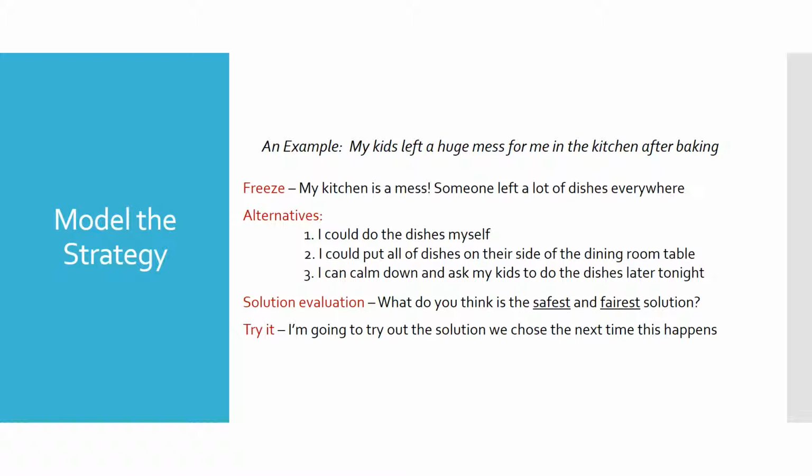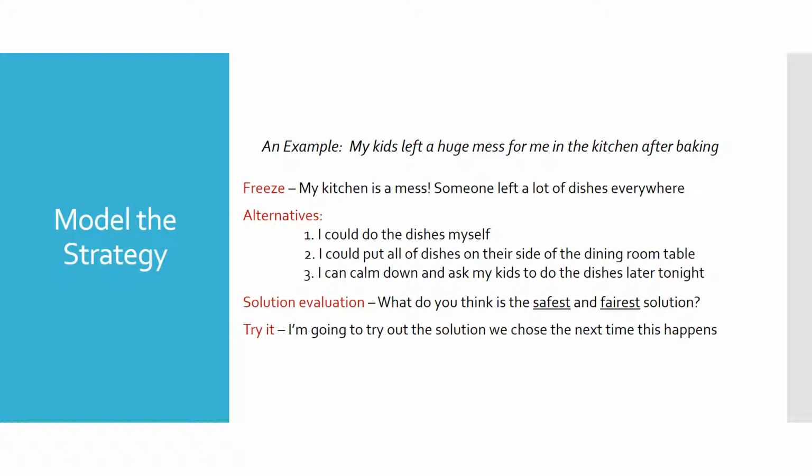In this case, I would say, my kitchen is a disaster and someone has left a lot of dishes everywhere. So what are my alternatives? I could do the dishes myself. I could put all of the dishes on their side of the dining room table. Or I could try to calm down and ask my kids to do the dishes later tonight.